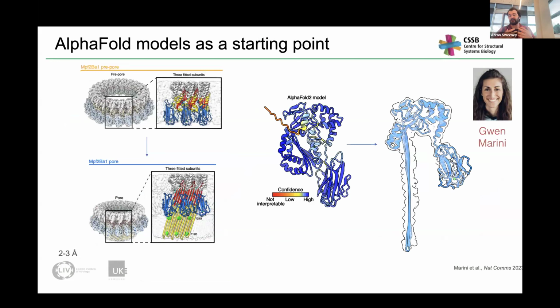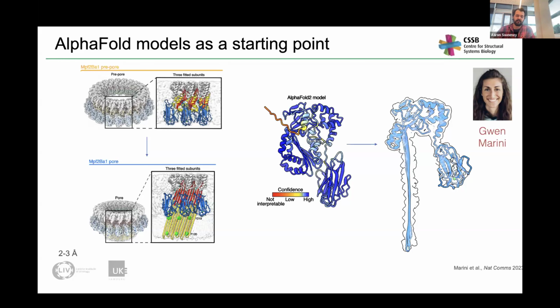So here we've got a very extreme example. It's from a pore-forming protein, which was recently solved by Gwen Marini in the lab. And AlphaFold does a really good job of predicting the pre-pore conformation of the protein. But the post pore conformation is not well predicted at all.